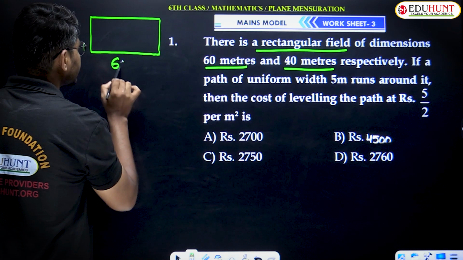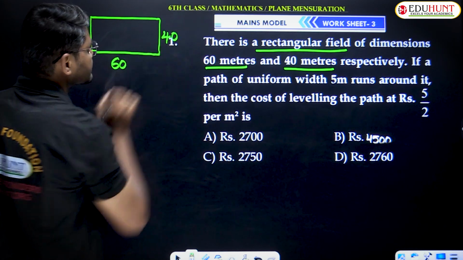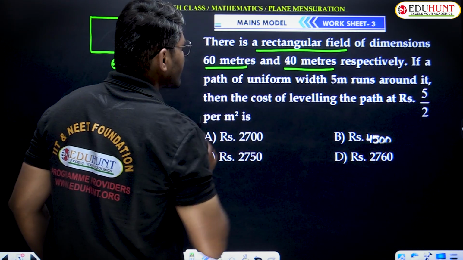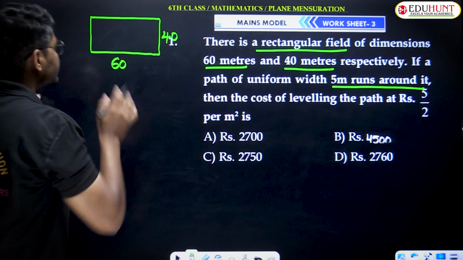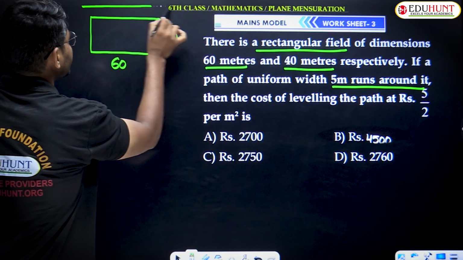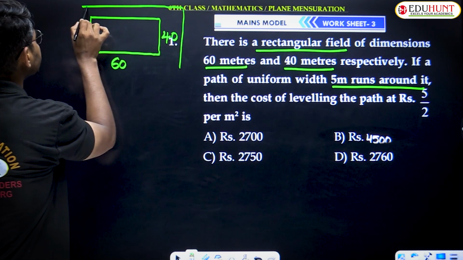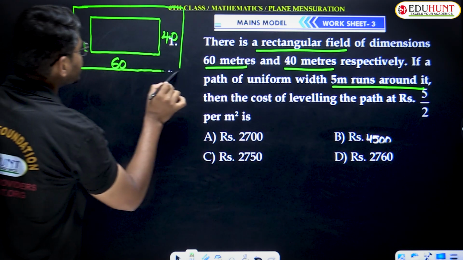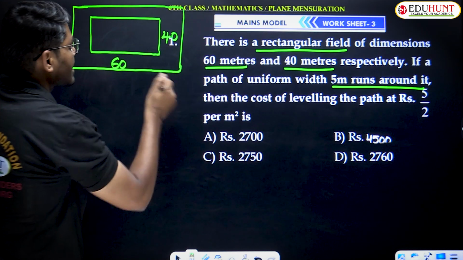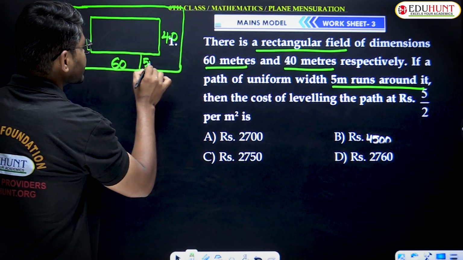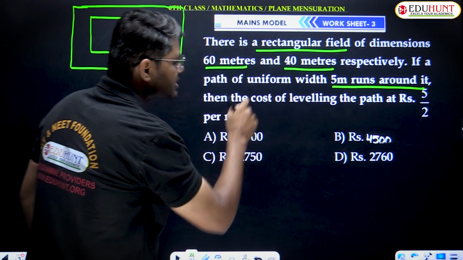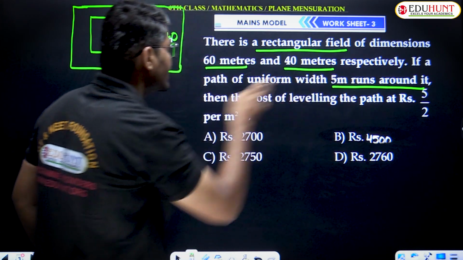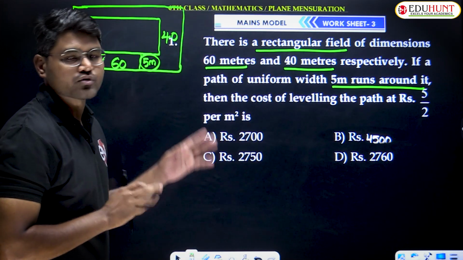This is 60 meters and this is 40 meters. If a path of uniform width 5 meters runs around it, it means outside. So like this. The width of this path is 5 meters. Right. And then we have to find the cost of leveling the path at 5 by 2 rupees per meter square.